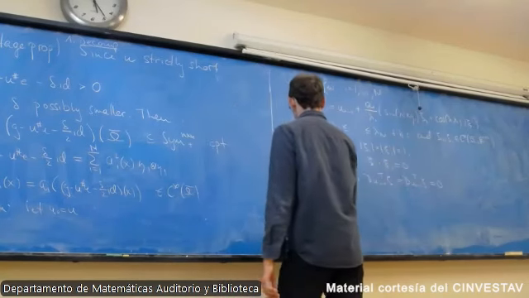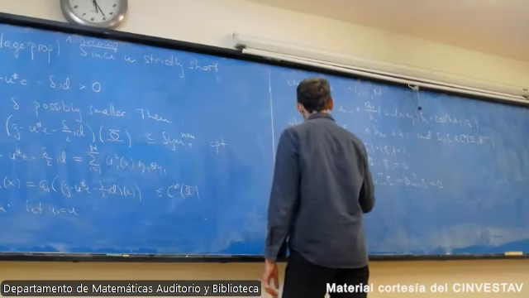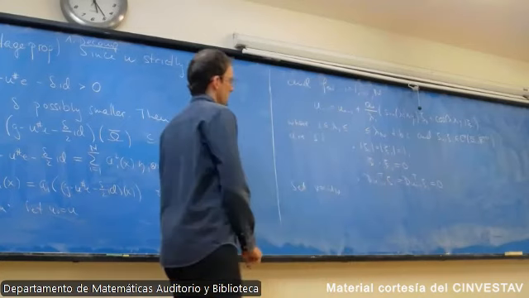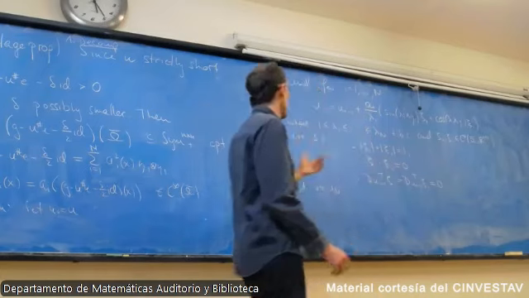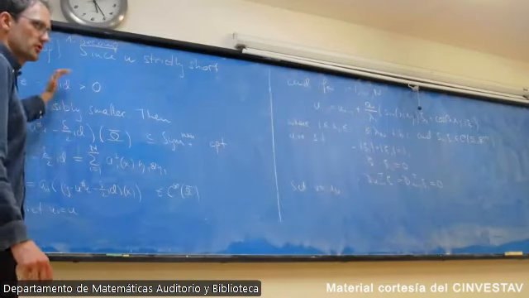Call F the map U_n. And now I want to show that if lambda_1 to lambda_n are chosen large enough, I can satisfy my three conditions over here.